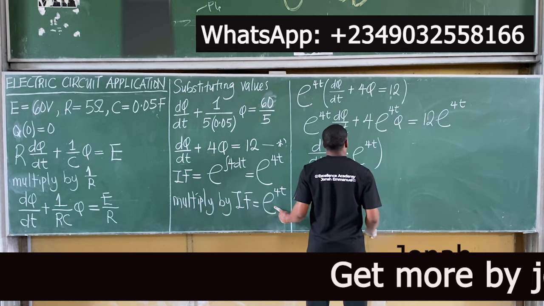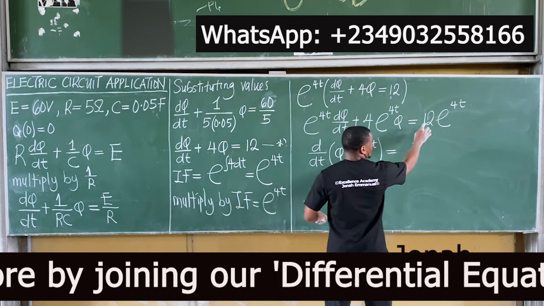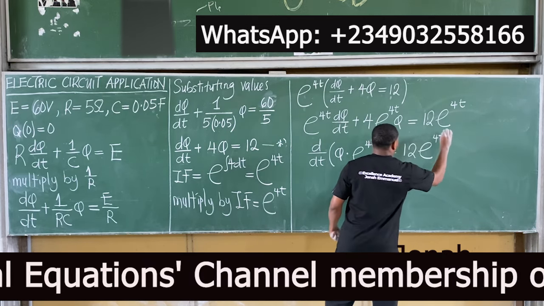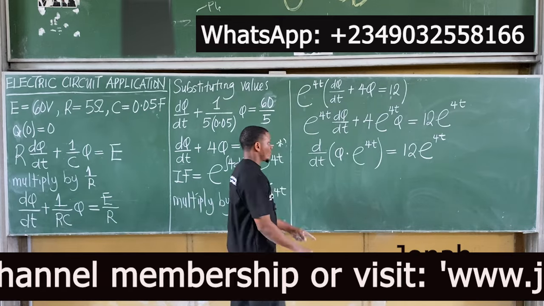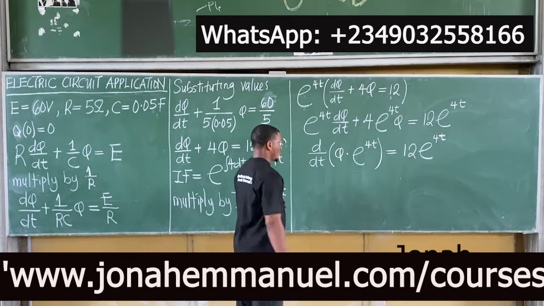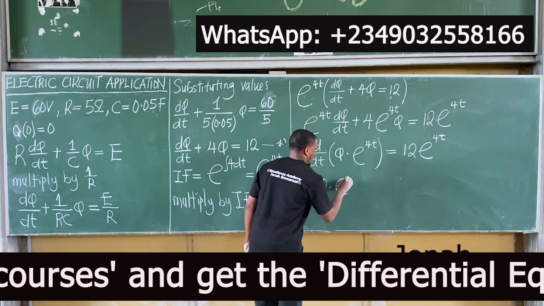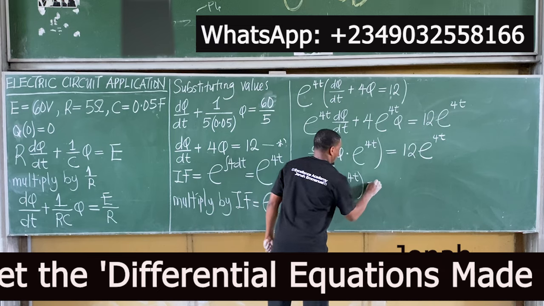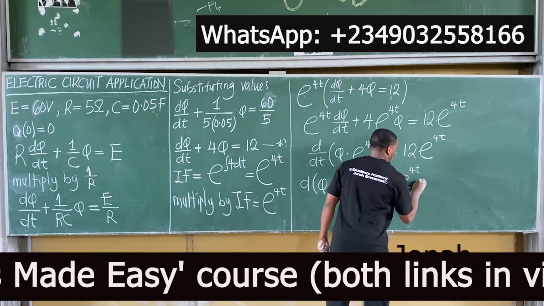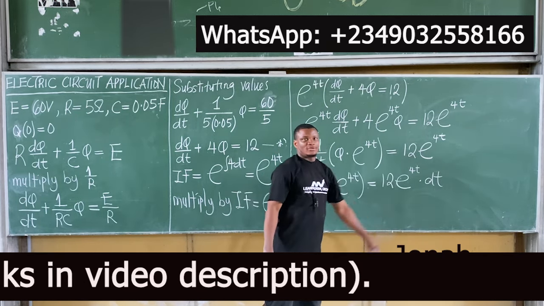So this is equal to 12 exponential 4t. So move dt over here. I have d of q times exponential 4t is equal to 12 exponential 4t dt.